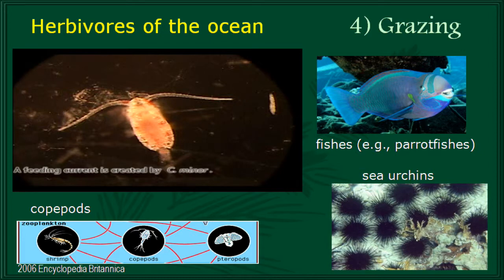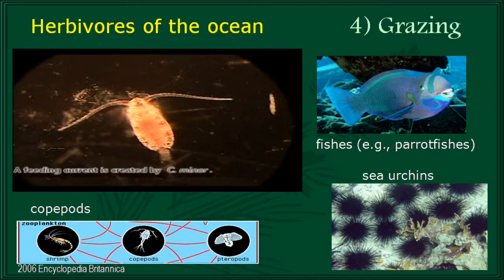And then you have grazers in other ecosystems, such as your benthic ecosystem, where you have your algae or macroalgae, and the ones that eat them are, for example, this fish that's called a parrotfish. Can you guess why it's called a parrotfish?